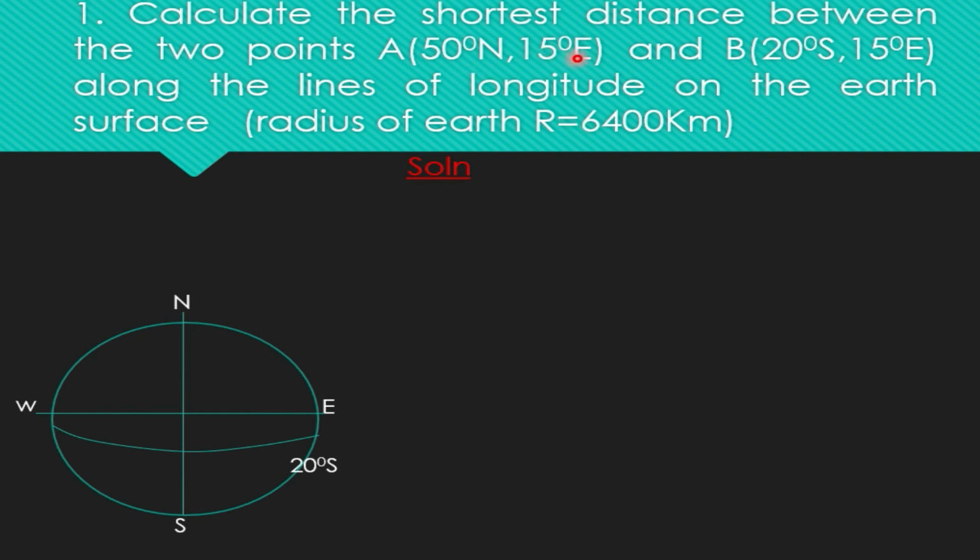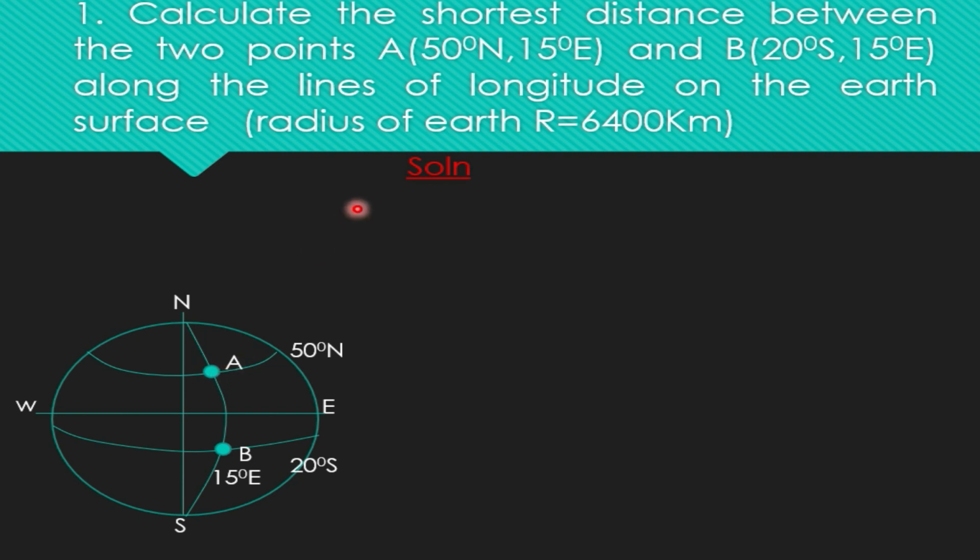Then the next one is 50 degrees north, which will also be a latitude. Then this one is 15 degrees east, which is just on the eastern side. Now locate where these 2 points meet. You see that the eastern point met with the 50 degrees north is here.